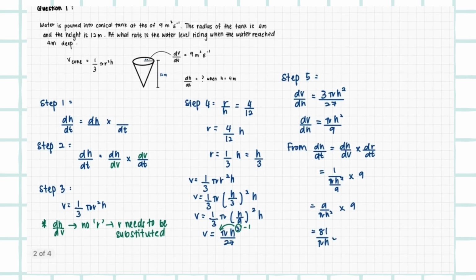Next, when H is 4, substitute h is 4 into dh per dt equals 81 per pi h squared.